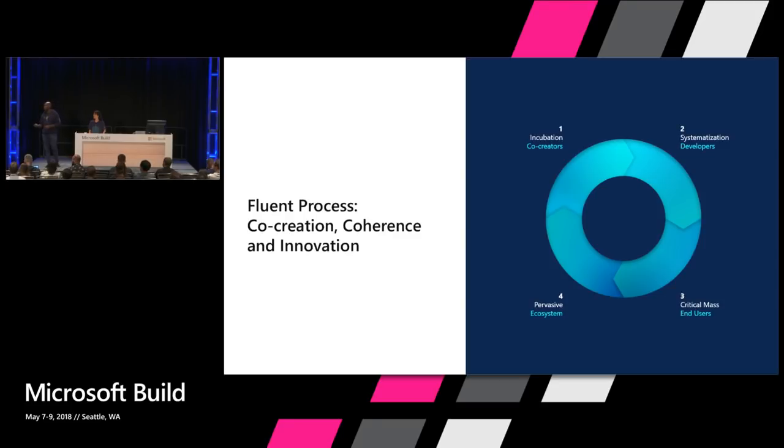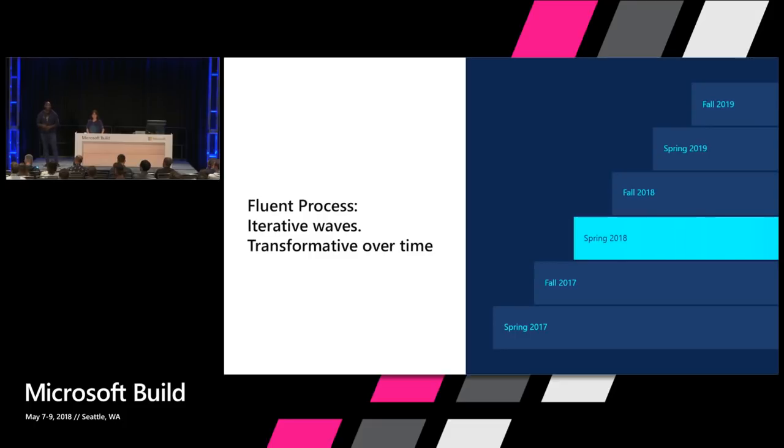We're developing new technologies to systematize those ideas. We're validating them with end users, and then we deliver them to you at scale through the platform. And this allows Fluent to be defined in a series of iterative waves. Allows us to mature and make the system more sophisticated over time so you can deliver great experiences to your customers.